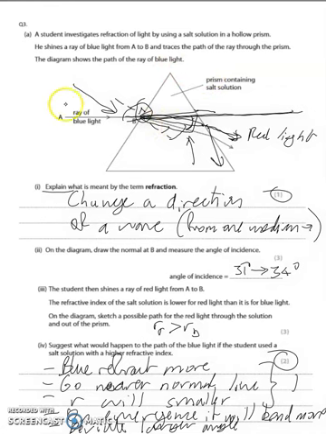So when it goes into the material, it's going to bend more, so we would expect it to come down here, closer to that normal line. And then when it pops out, it's got a greater angle to go through when it comes out. So it's going to deviate more than previously, still using that normal line. So it's probably going to come out down here. Again, check with your teacher on your diagram.